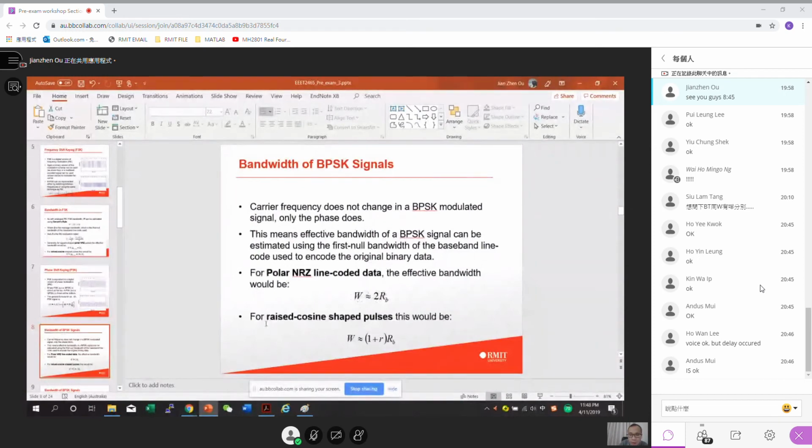If a raised cosine shaped pulse is involved, then we have 1 plus the roll-off factor times the bit rate, because we don't involve any modulation like the FSK case.